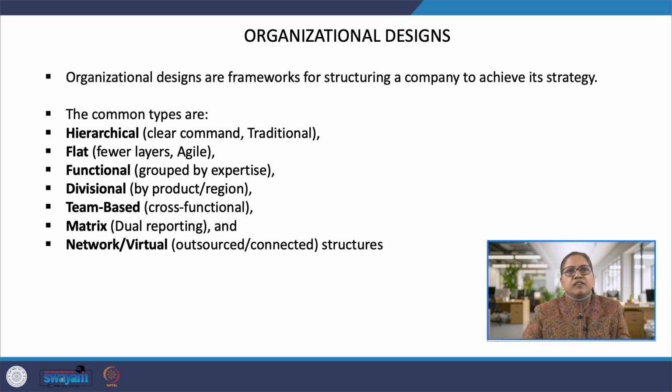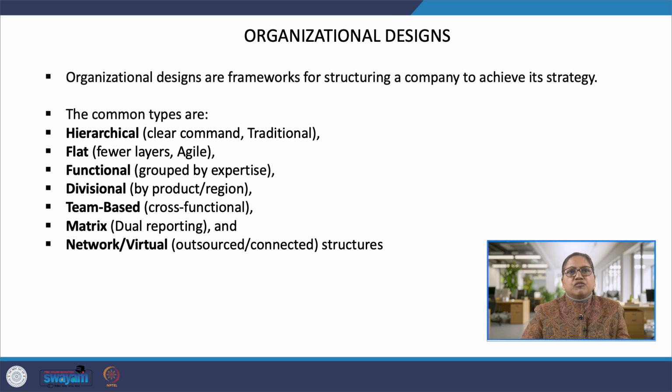What are these designs? Organizational designs are the frameworks for structuring a company to achieve its strategy or business objectives. There are a few common types, like hierarchical organizations with a clear chain of command, which are mostly followed in traditional organizational structures. Flat structures with few layers are mostly adopted in agile or flexible organizations.